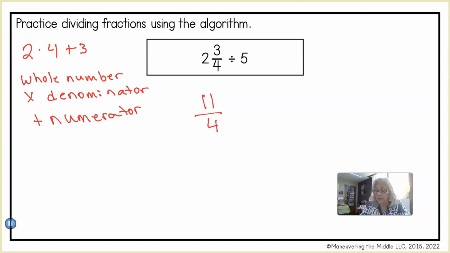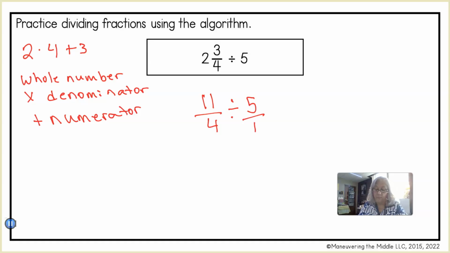Some of you guys were getting confused yesterday and not putting that 4 back on there. And you do need that 4. So 11/4 divided by 5 over 1. So let's rewrite that now.